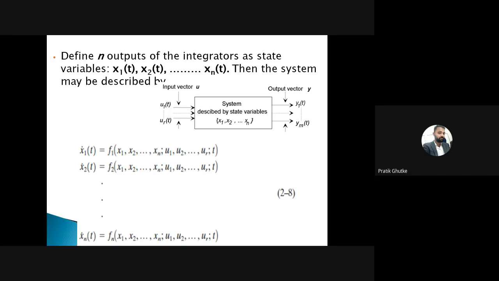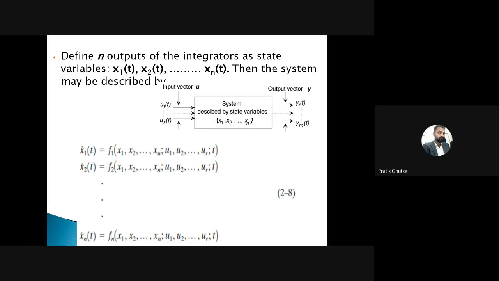Similarly, x2 dot of t is a function f2 of x1, x2 up to xn, and u1, u2 up to ur of t.